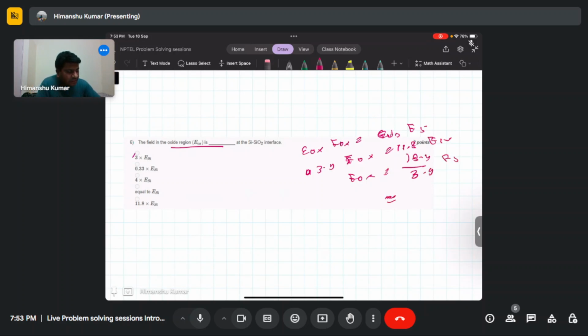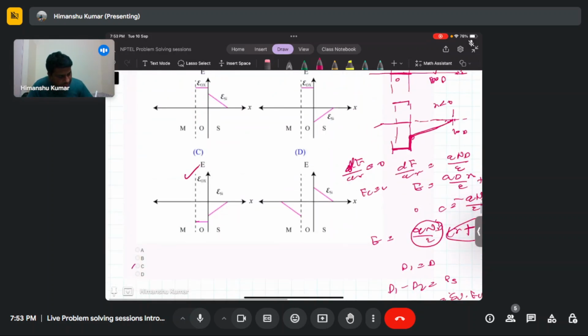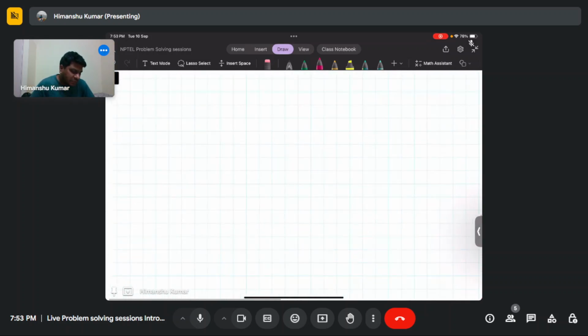Approximately you reach around 3 times E_Si. So the correct answer is the first one, 3 times E_Si. This E_Si is the field at the interface, and the field in the oxide will be constant, so it is flat in the oxide region.